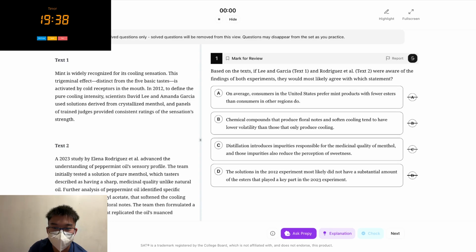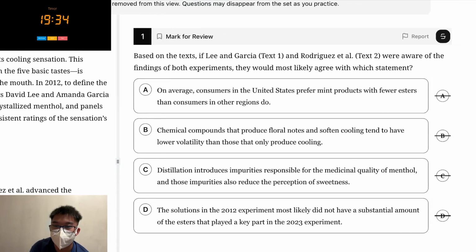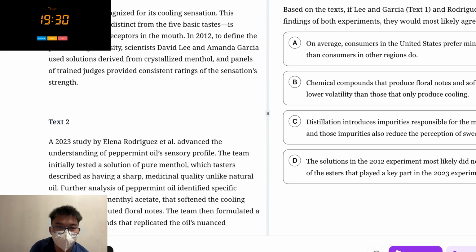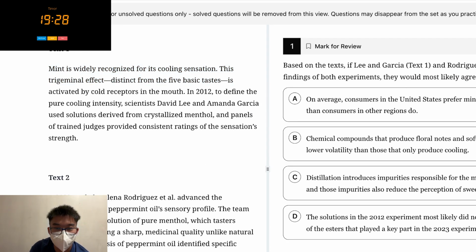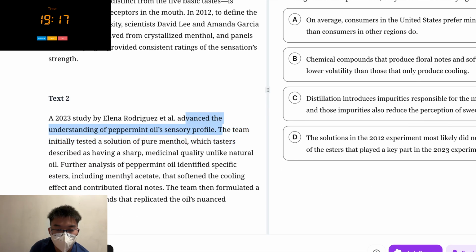Oh, let's go next. Okay, let's see. This is another hard one. Oh, great. Okay. Both experiences. What would they agree on? Alright, cool. So let's do one by one, I guess. A good citation. Fermented oil, methane.